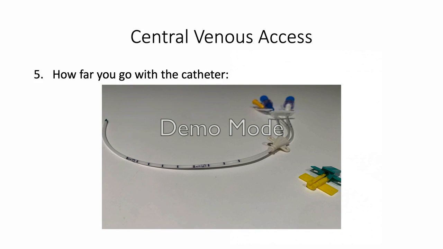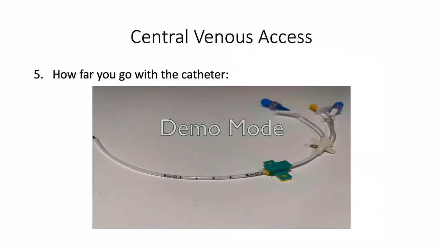These green and yellow butterfly-shaped clips are used to determine exactly the length that you want and to fix that butterfly with a suture to the skin. You just clip it over each other and just put it to the length that you want.